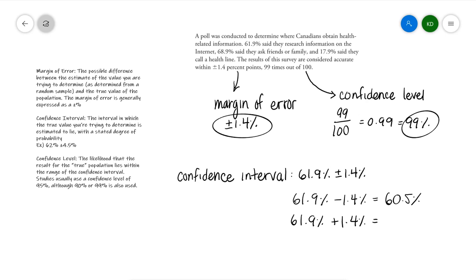What I get there for an answer is 63.3%. So then I can state my full interval as being between 60.5% and 63.3%.